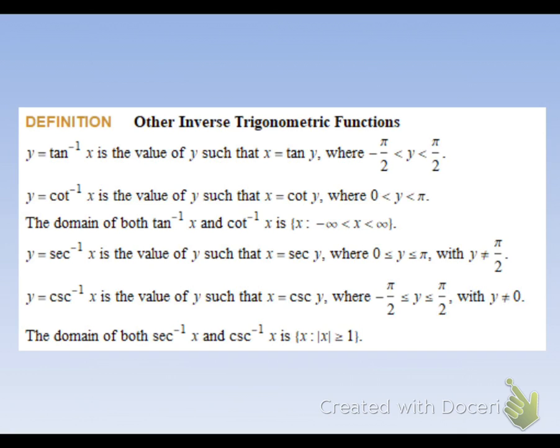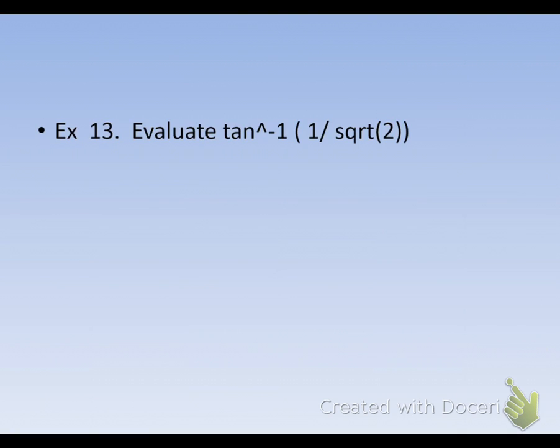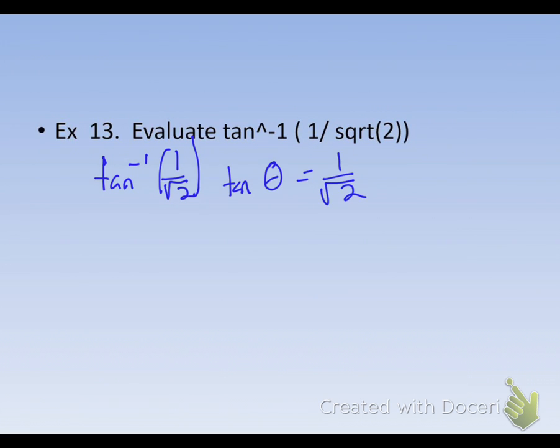And then our last example is evaluate tan inverse of 1 over the square root of 2. So to evaluate this, I could rewrite it as tan of theta equals 1 over the square root of 2. And I can create my nice little triangle.